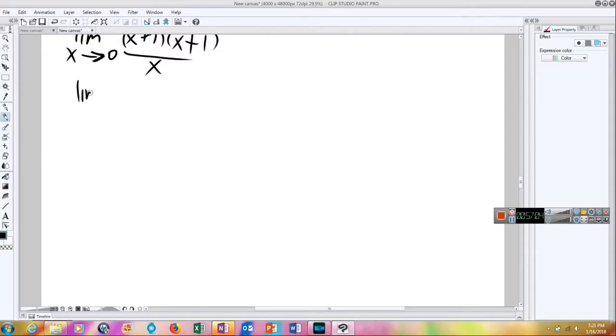Limit x tends to 0 for the function x times x is x squared plus x plus 1, not 1 squared, just 1, over x, minus 1. Let's not forget the minus 1.